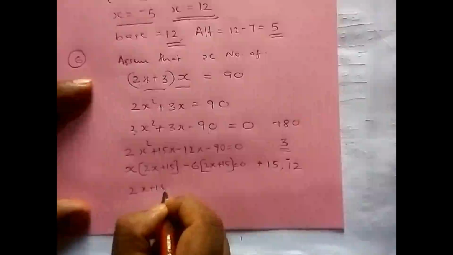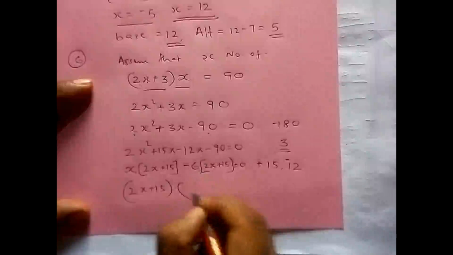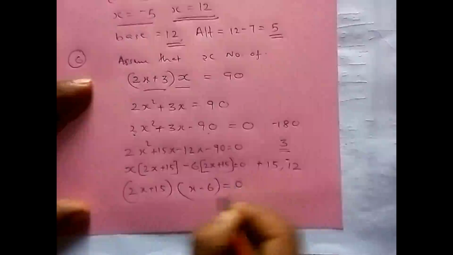So 2x plus 15 is common here, into x minus 6 equal to 0.